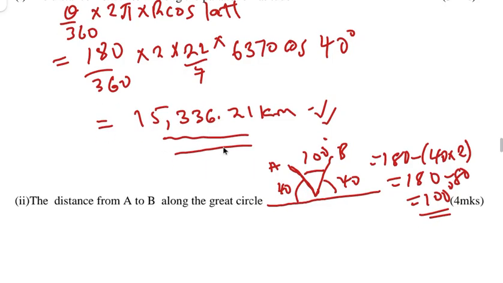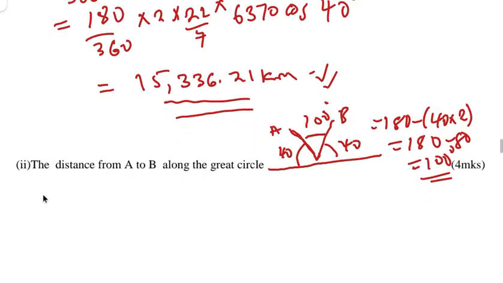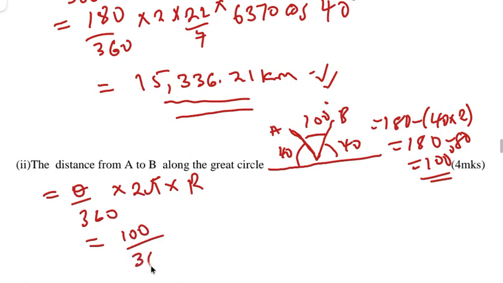So remember, if you want to find the great circle, your formula is theta over 360 times 2 pi r, in which your theta is now 100. So your theta is 100 divided by 360 times 2 times 22/7 times 6370.